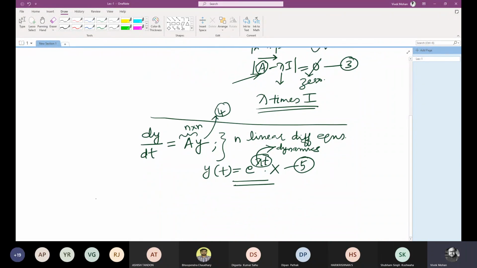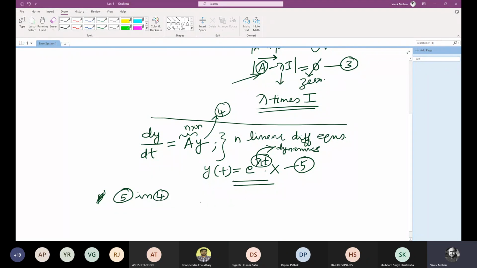Now if you plug equation 5 in equation 4, what happens? Equation 5 is y of t equals e raised to lambda t into x, and equation 4 is dy by dt equals Ay, right?